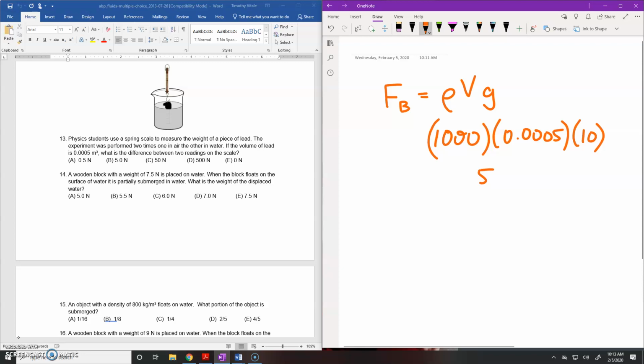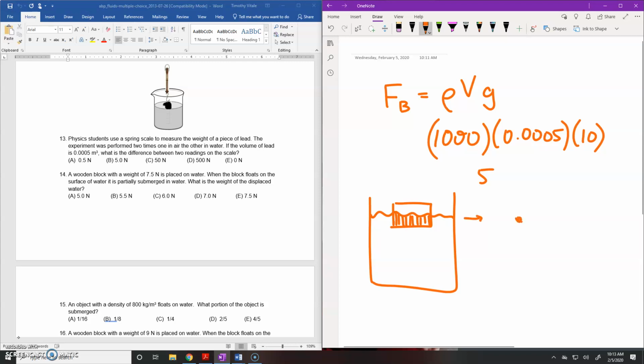Okay. Number 14. A wooden block with a weight of 7.5 is placed on water. When the block floats on the surface of the water, it is partially submerged in water. What is the weight of the displaced water? So here's the water. When you put something in water and it floats, sometimes part of it is submerged in the water and the other part is not. But here's what you need to know.